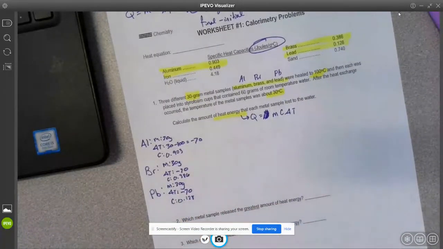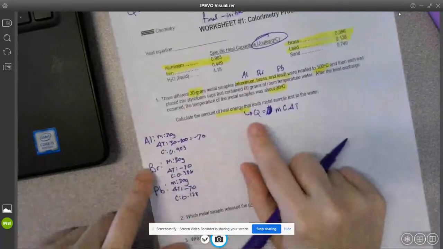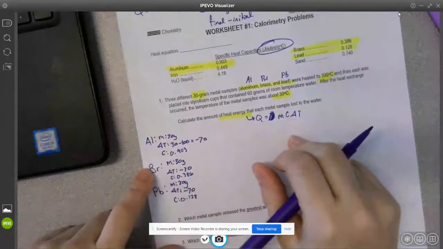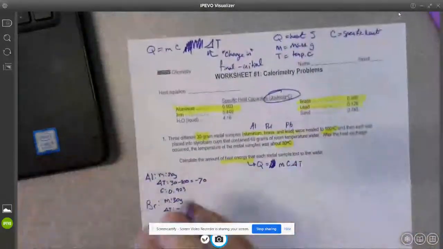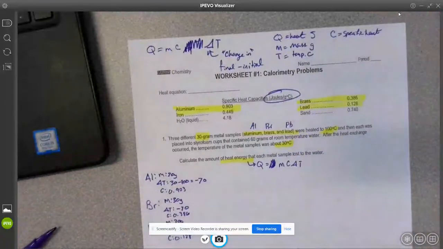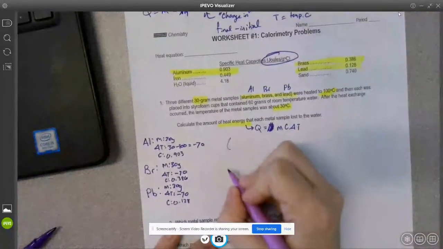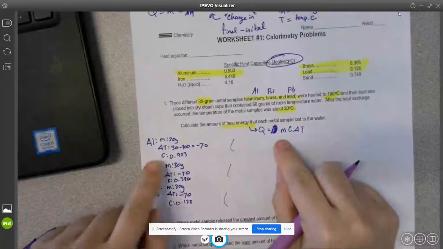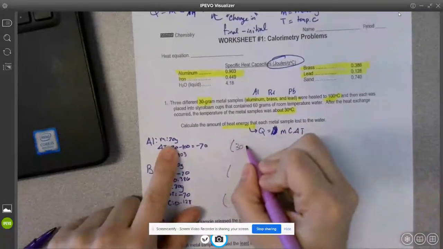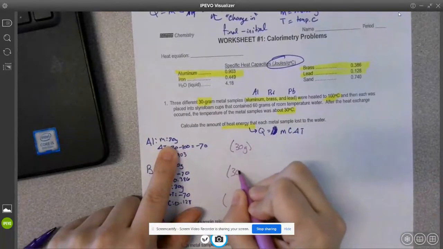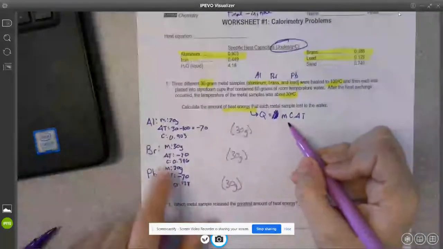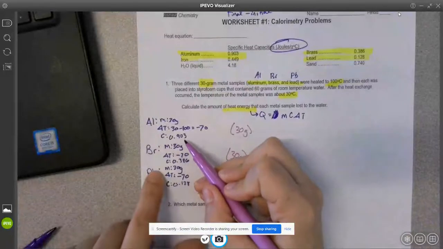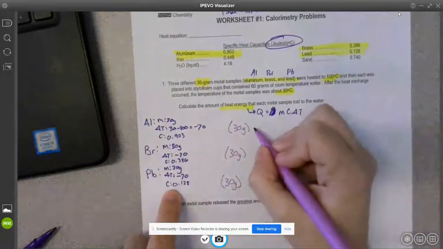So we've got our mass, temperature, specific heat. Now all that's left is to put it into the equation and calculate Q. So let's go ahead. I'm going to start writing this out in a different color. Our mass for each one is 30. Specific heat, now this will change. Remember, each different compound has its own.